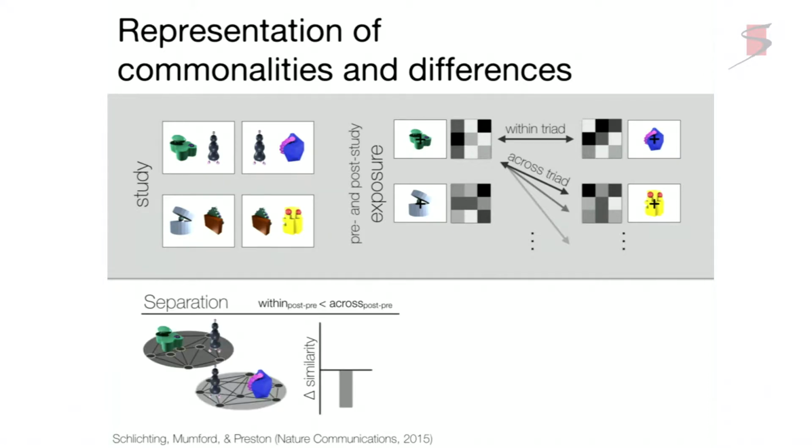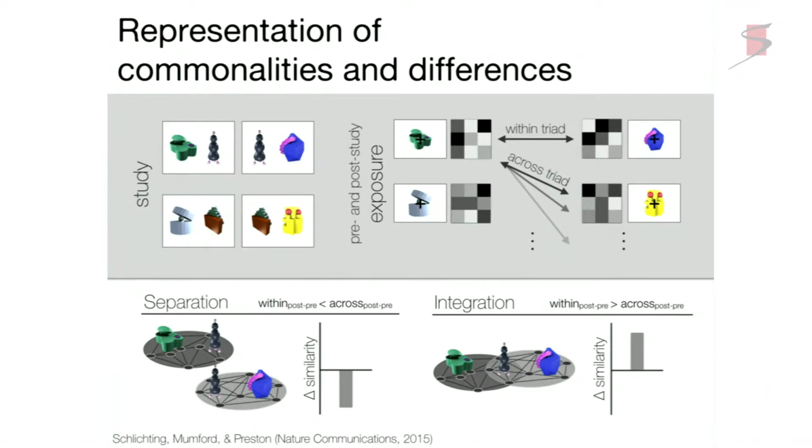If they're being separated, what you'd see is a decrease in similarity after learning. They become pushed apart and less similar in neural space. Alternatively, you could see regions that integrate, where the similarity between these two items becomes greater after learning. So the idea is that you are coding these commonalities.